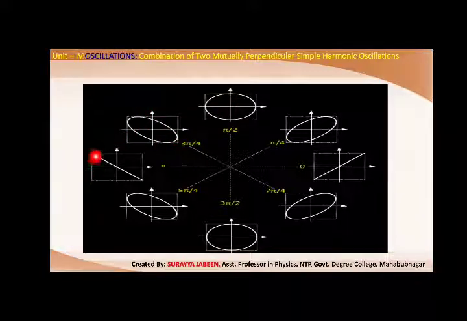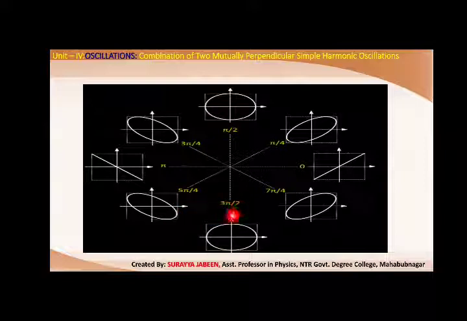Then again a straight line in the opposite direction, making an angle theta with the minus axis, like this. Then there are extra cases we have not discussed, but when we take the total, we get this. For 5 pi by 4 we get it like this.